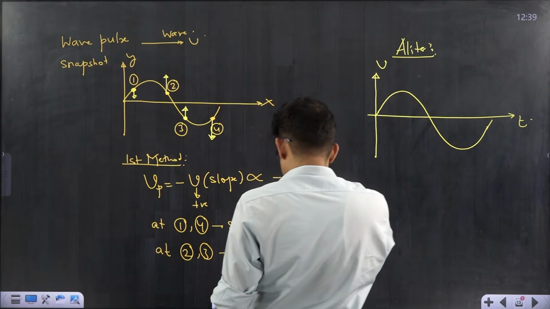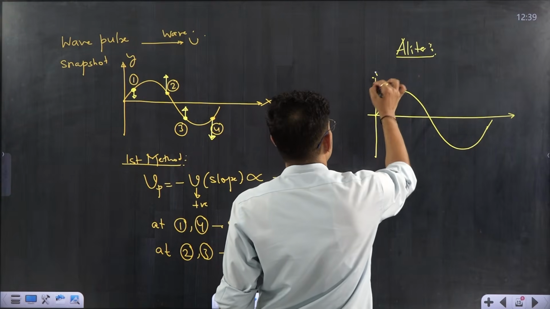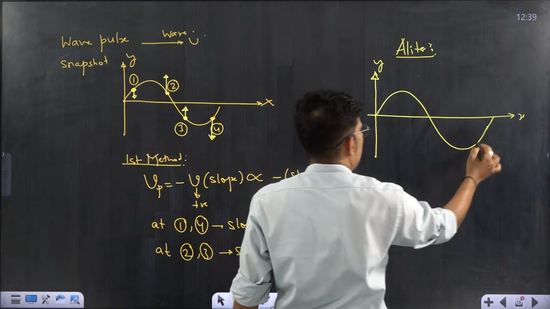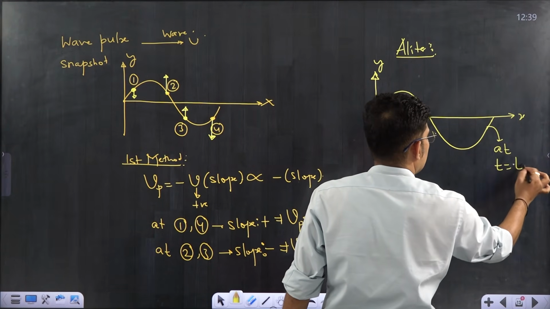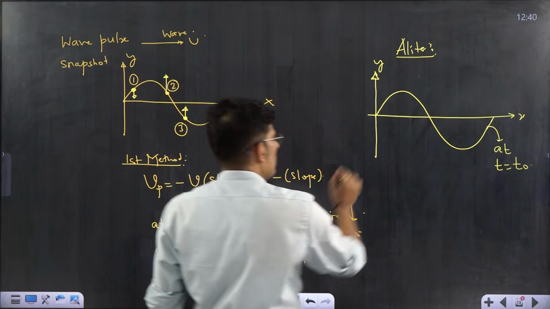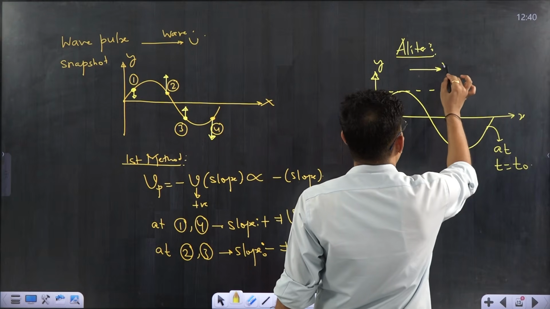So suppose I have drawn this graph at any time t equals to t naught. Suppose t equals to t naught. Now what you will do, you will simply shift this graph. Where is the wave going? Wave is going this side.